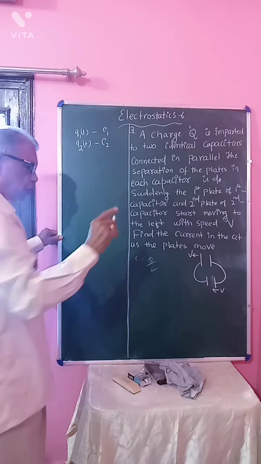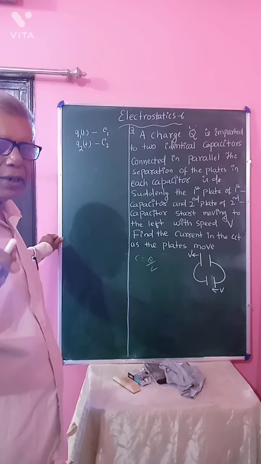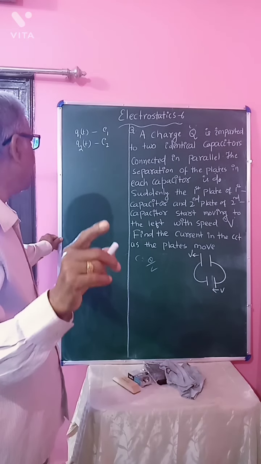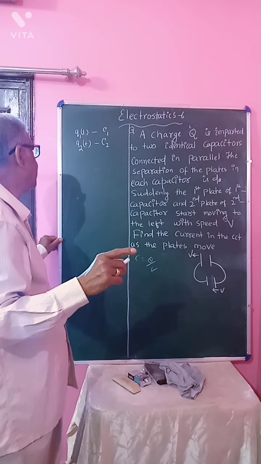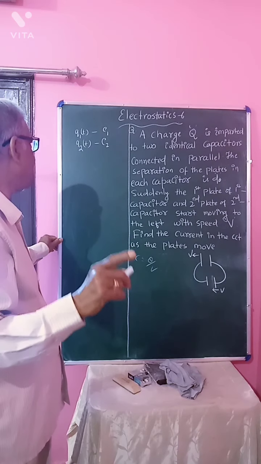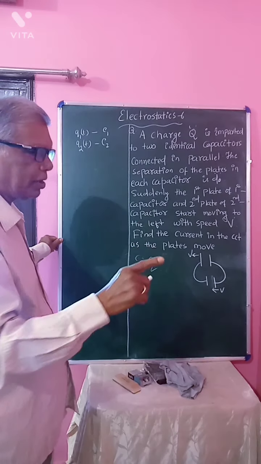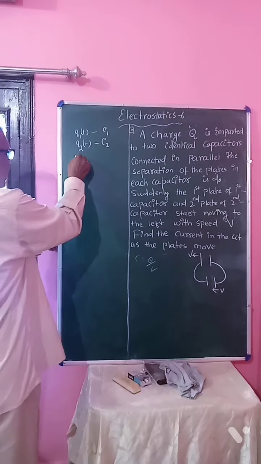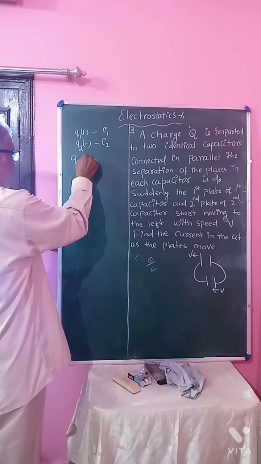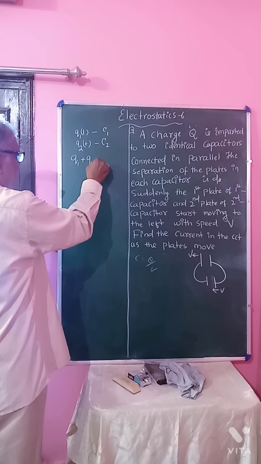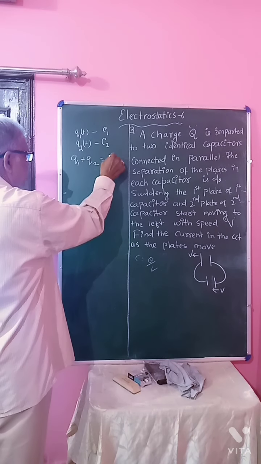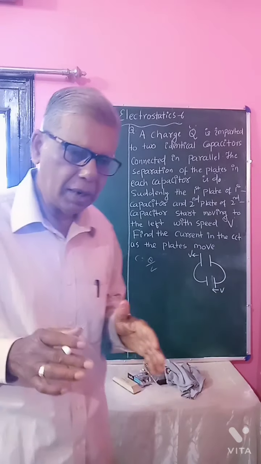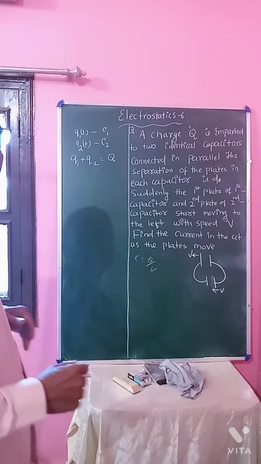That is, Q1 is the charge at any instant of time on C1, and Q2 is the charge at the same instant on C2. Initially we know the total charge is conserved. So Q1 plus Q2 equals Q, the total charge imparted to the system of capacitors.